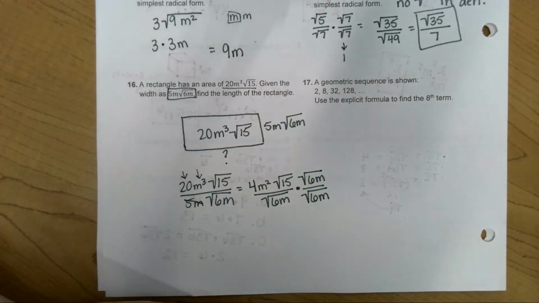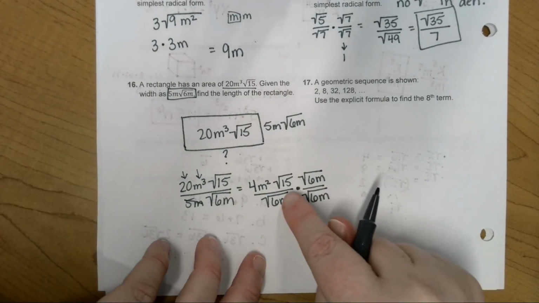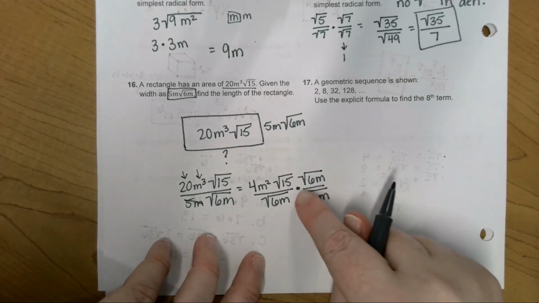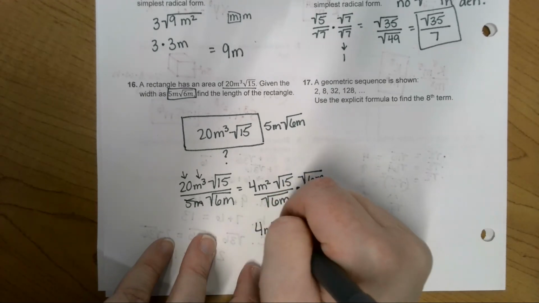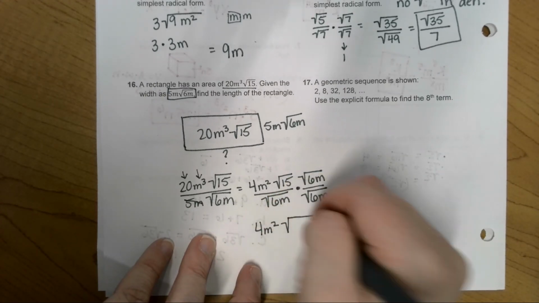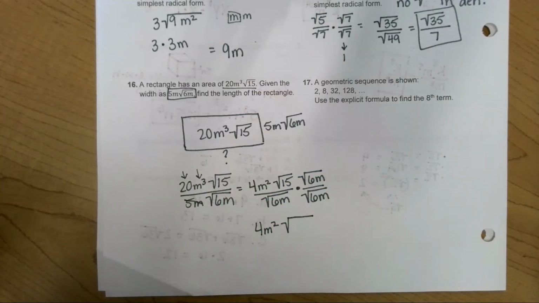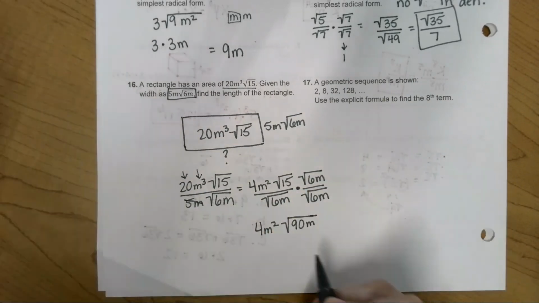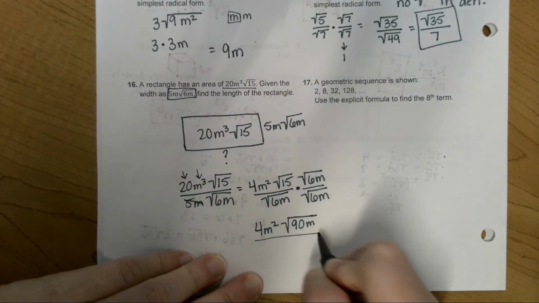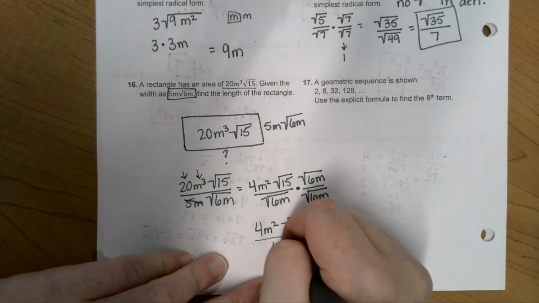We're going to just multiply by square root 6m. 15 times 6, oh goodness, is going to be 90m. So this will be the square root of 90m over 6m.